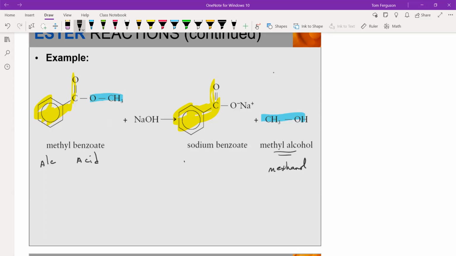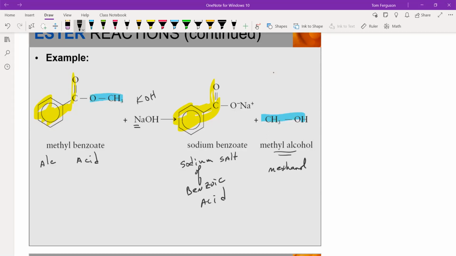This is the sodium salt of benzoic acid. If we started with KOH, it would work just as well. That would be the potassium salt of benzoic acid.